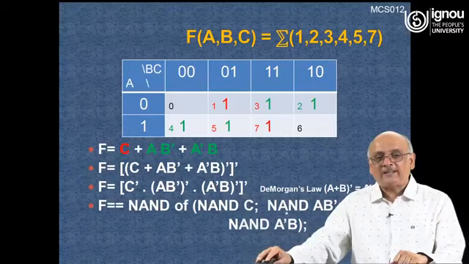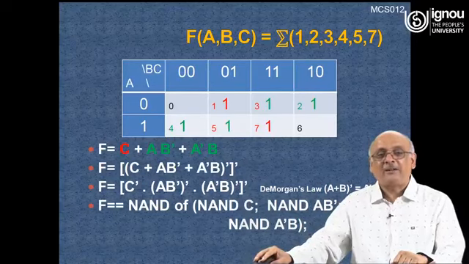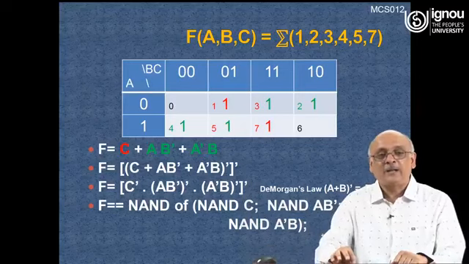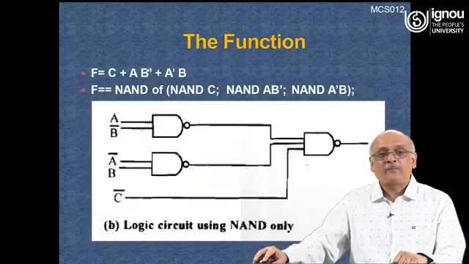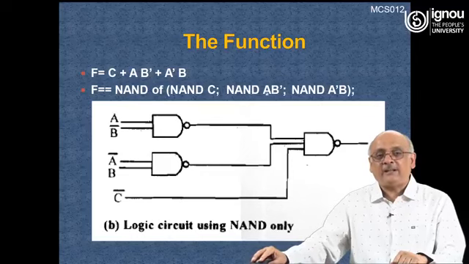AB prime is NAND of AB prime, okay, this is NAND of this particular gate, and this A prime B is NAND of this particular A prime B. So this is how the NAND is always represented: this is AND, and when we put a prime, this is NAND, right. So this is how you get these values, and this function is equivalent to NAND of C, NAND of AB prime, and NAND of A prime B.